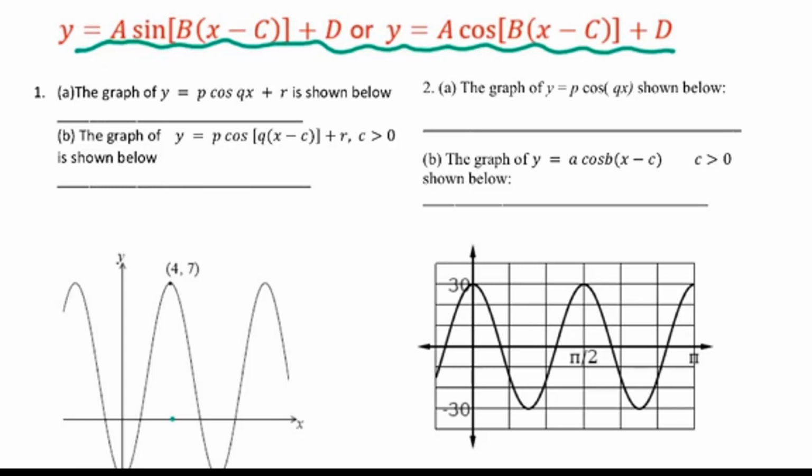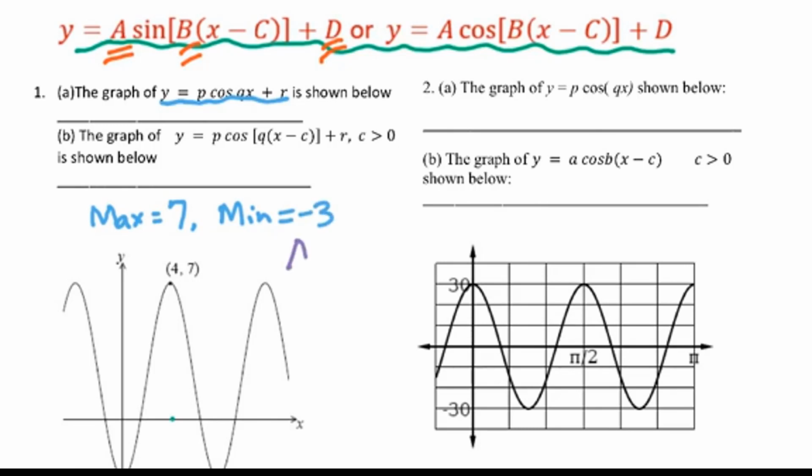When you're working for A, B, and D, ignore this given pattern. So first step, we need to figure out the maximum value. That's 7. Minimum, that equals negative 3.